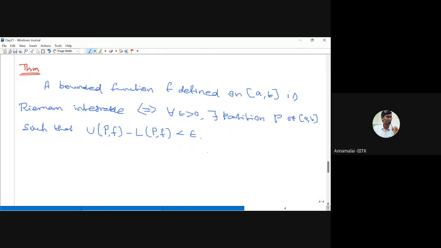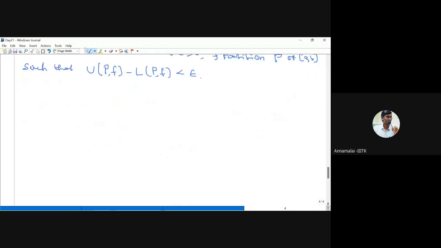And another thing: suppose f is defined on the closed interval a comma b, and take some point c in between a and b. The theorem says, suppose f is integrable on a comma b, then f is integrable on the interval a comma c, and f is integrable on c comma b. The subinterval also is integrable.